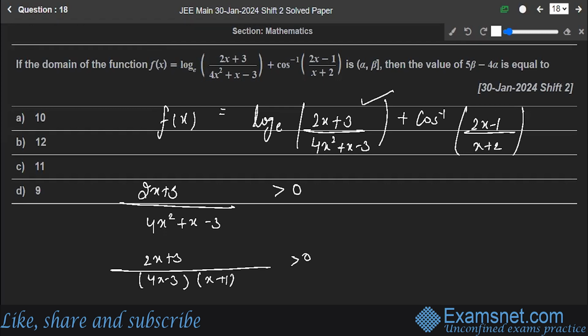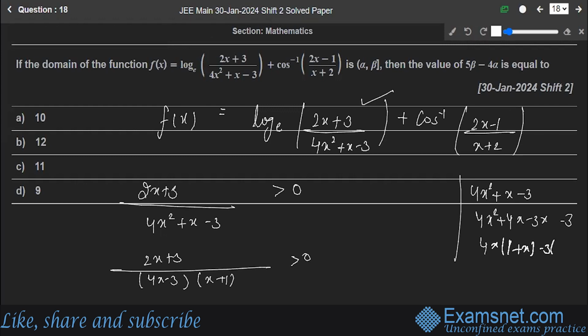See over here, 4x squared plus x minus 3 will be 4x squared plus 4x minus 3x minus 3. So 4x will be taken common, 4x(x plus 1) minus 3(x plus 1). So the two factors are (4x minus 3) and (x plus 1). Now this should be greater than 0.